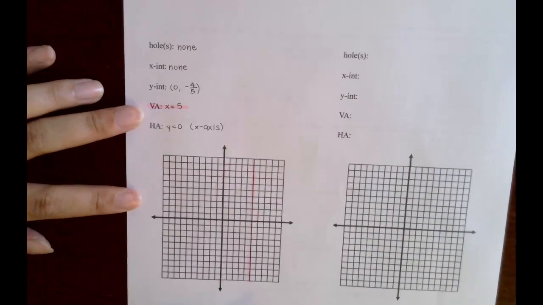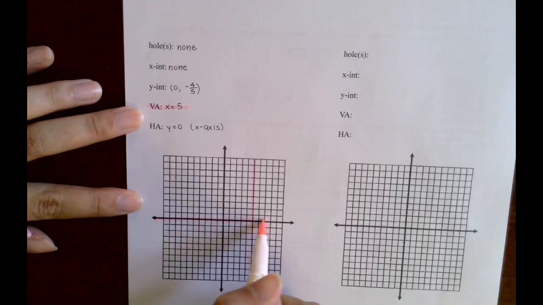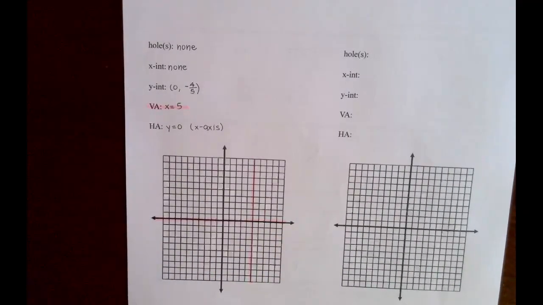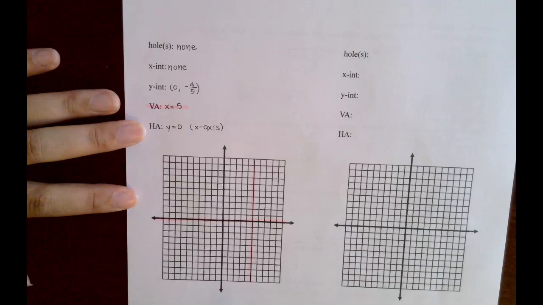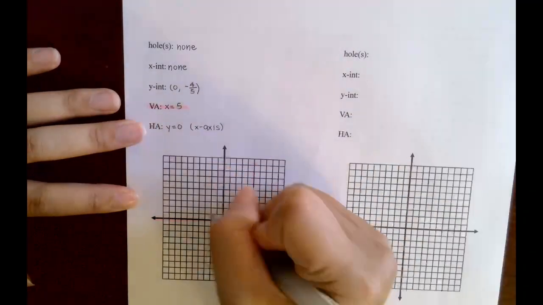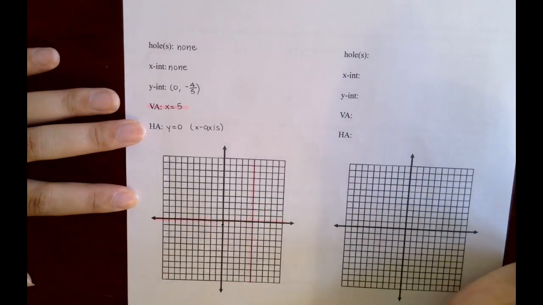So this is my vertical asymptote. My horizontal asymptote is at y equals 0. And all I'm going to do is plug some points in. I have a y-intercept at 0, negative 4/5, so that's about here.